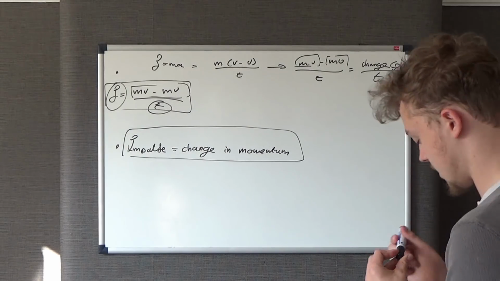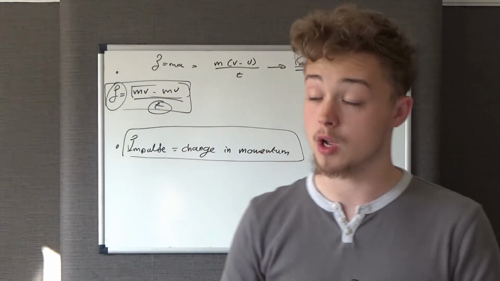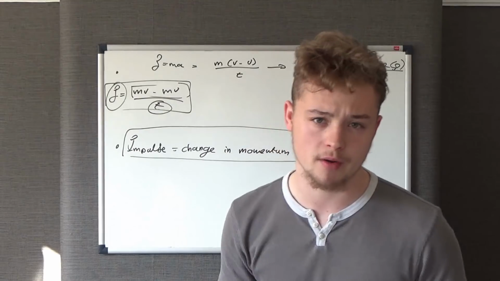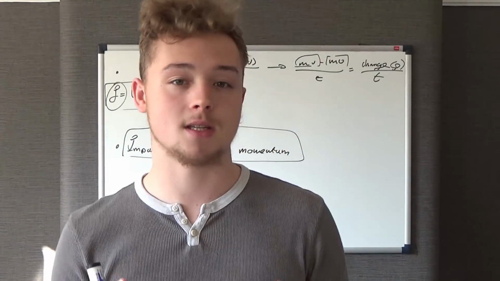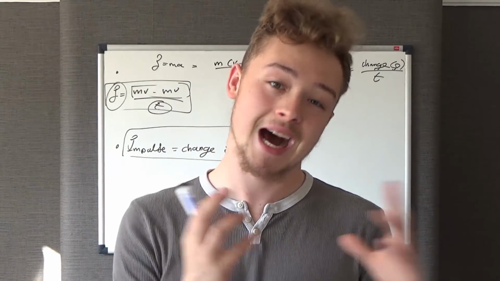And the next thing is obviously the principle of the conservation of momentum. You should be aware of that, which just says momentum will be conserved in a system as long as no outside forces act on the system.